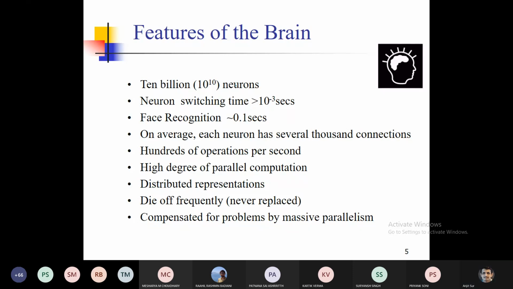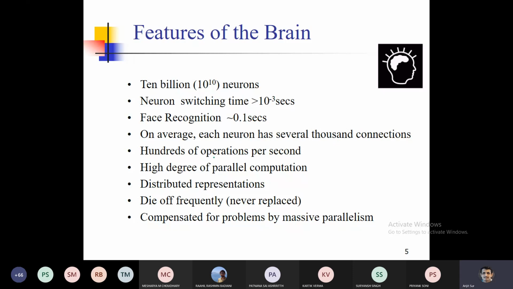Switching time is about 10 to the power minus 3 seconds. Face recognition takes almost 0.1 second. On average, each neuron has several thousand connections. So it's a huge connection: 10 billion neurons, and with several thousand connections for each neuron, you can understand how complicated it is.